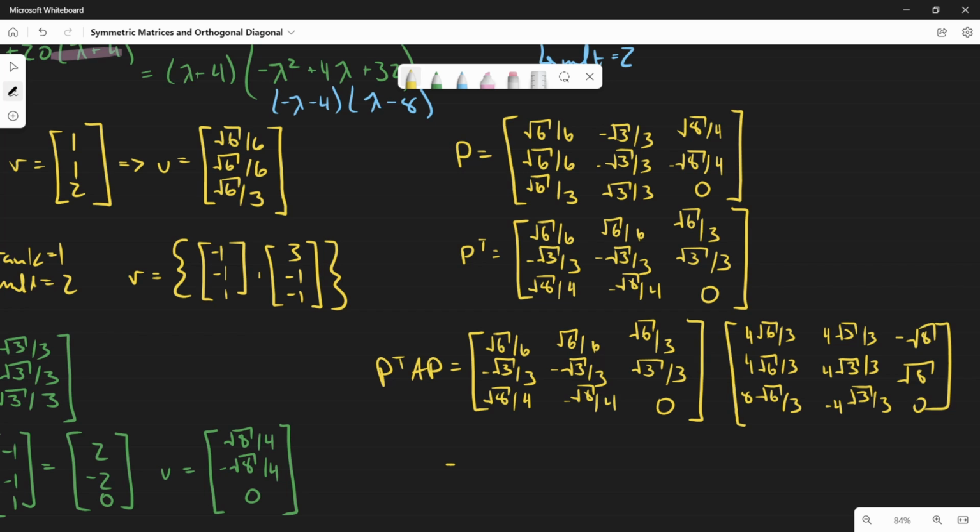And then when you multiply all that out, you will get the diagonal matrix 8, negative 4, negative 4. And that is our answer.